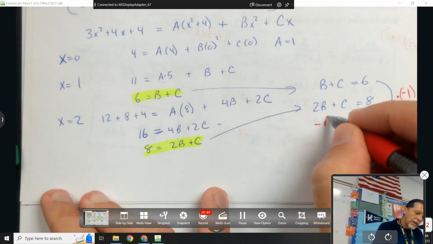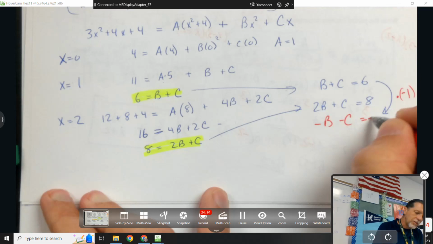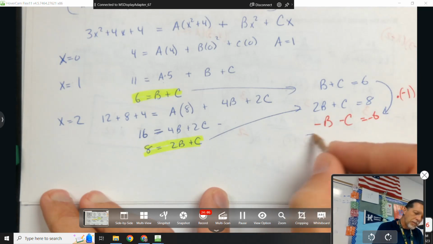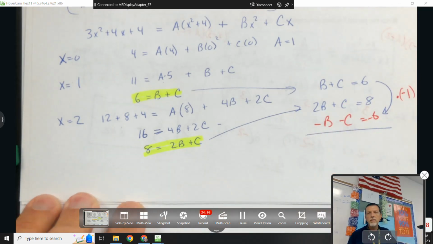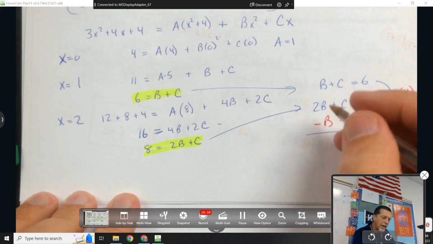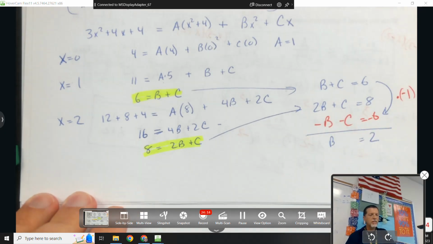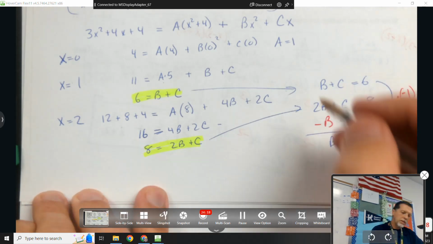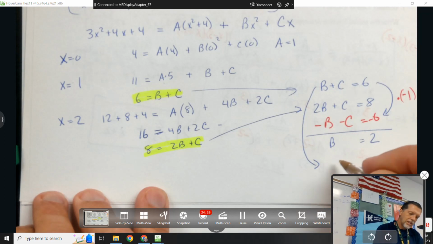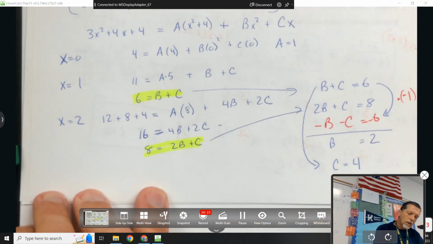So that would be negative b minus c equals negative 6. And then I can combine those two to get b equals 2. And then plug that back in and I get c equals 4.